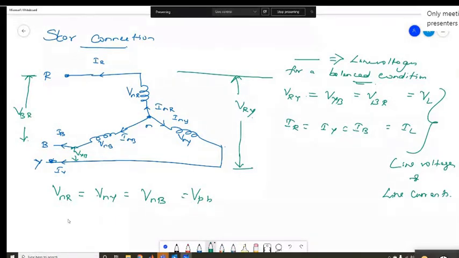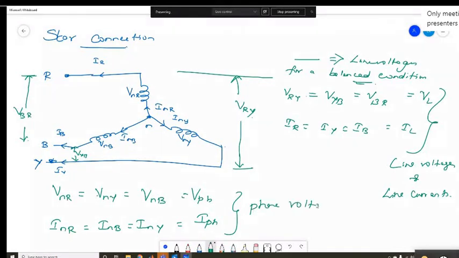In the same way, INR, INB and INY are the phase currents.